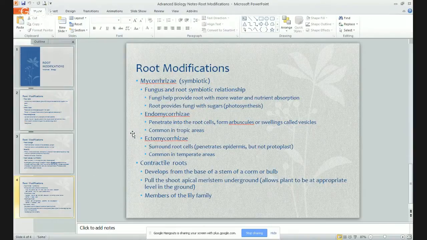The ectomycorrhizae, that particular version is not going to actually go into the root cells. It's going to go around it. It actually does get into the epidermis, but it doesn't get past that into the actual protoplast of the cell.